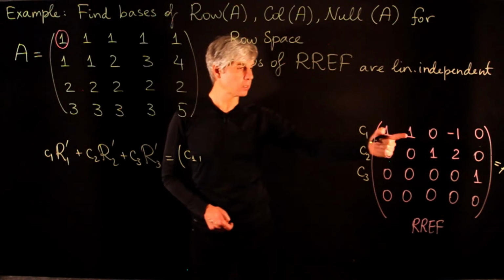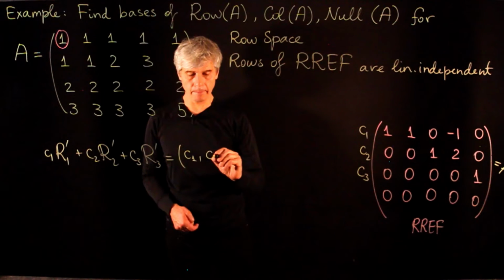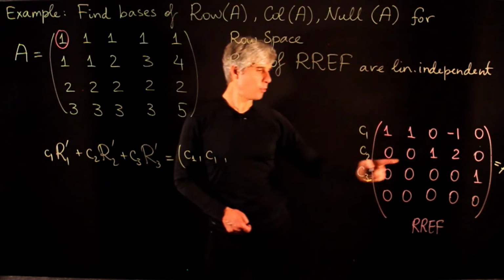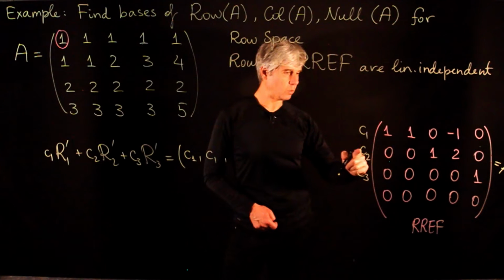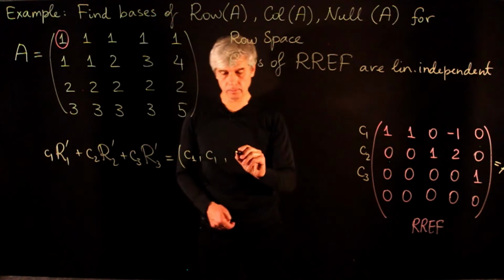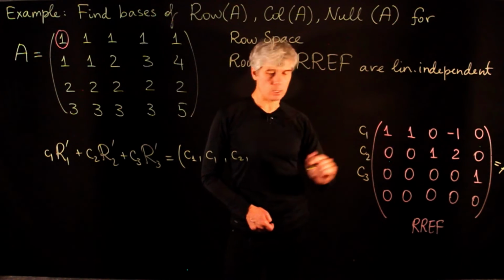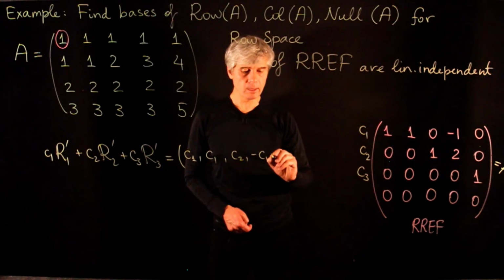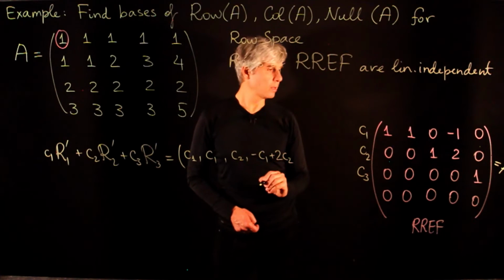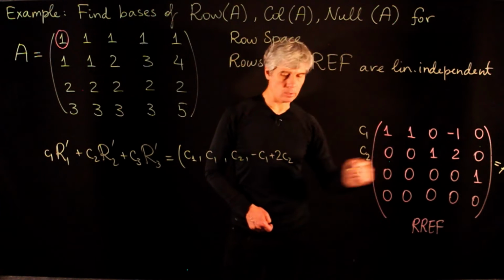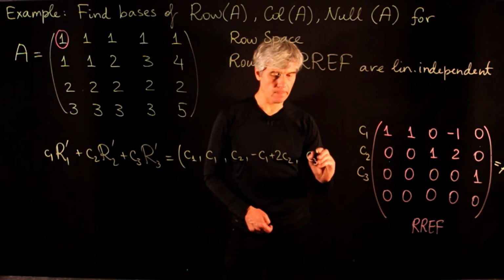The second entry is also going to be C1. The third entry is going to be C2. Then the fourth entry is going to be minus C1 plus 2C2. And the last entry is going to be C3.